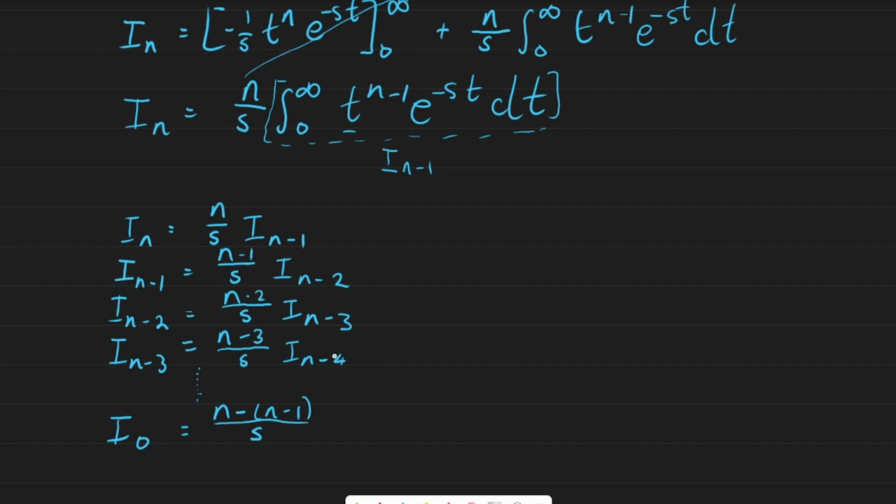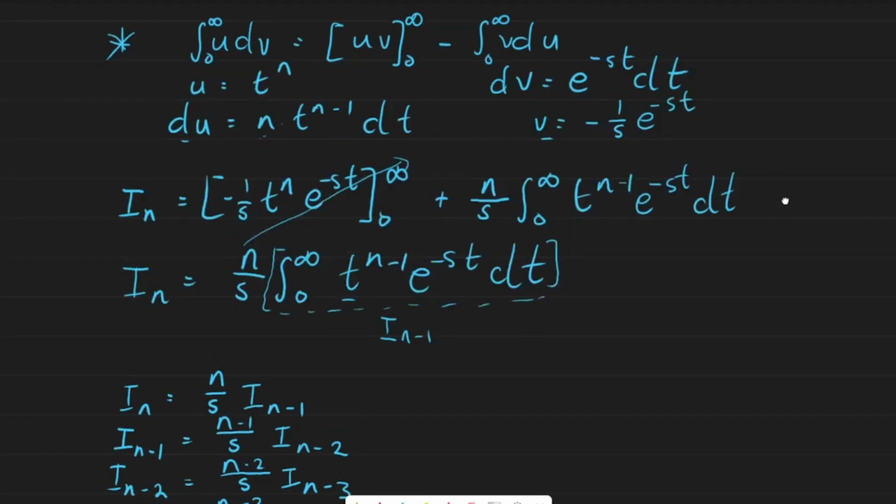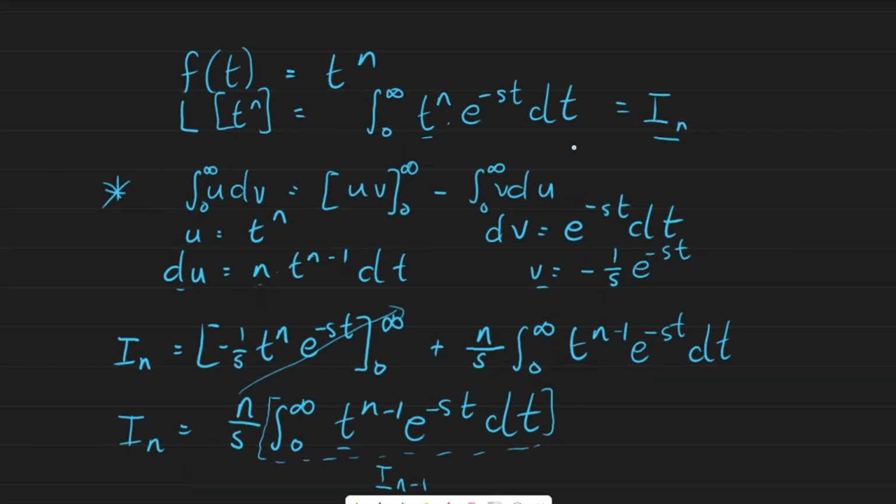Now, what's this I here? Is there such a thing as this n minus 4? What's left there? Well, the answer is nothing. Because if we think about what I_0 actually is, if we go here on the top, we have I_n here, we have I_0. So let's just look at I_0. I_0 is just going to be the integral from 0 to infinity of t to the power 0 times e to the minus st dt.